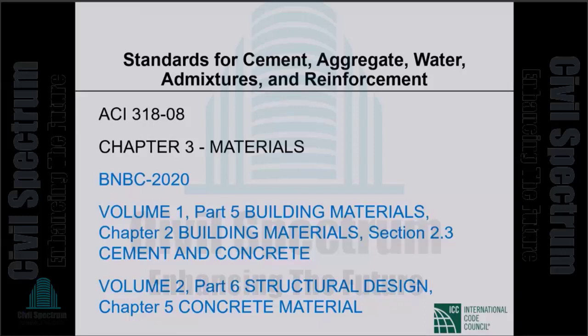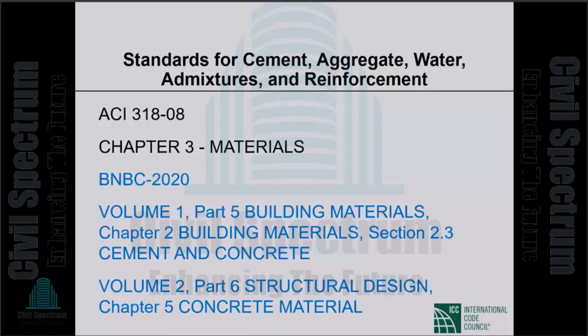So most of the information that I'm going to present here and you have to look for are in Volume 1, Part 5, titled Building Materials. And within Volume 1, Part 5, there is Chapter 2, also titled Building Materials. Section 2.3 is on cement and concrete. That's where most of the information that I'm going to present is to be found.